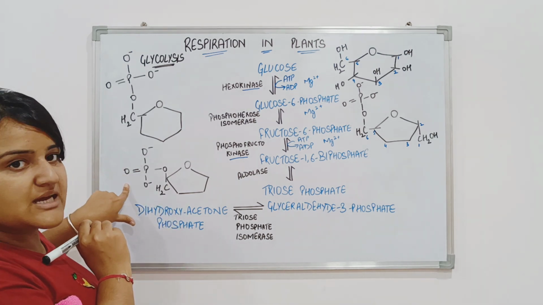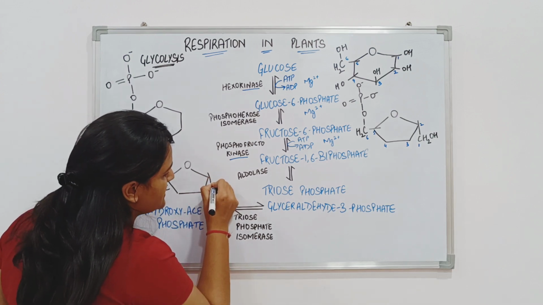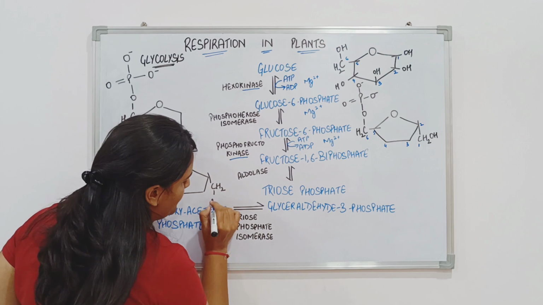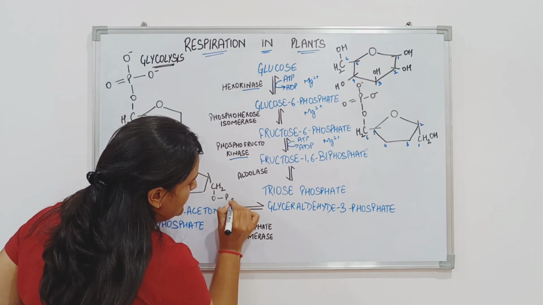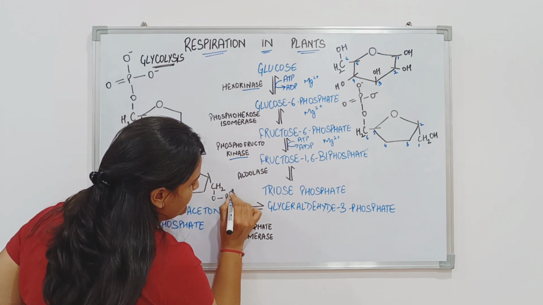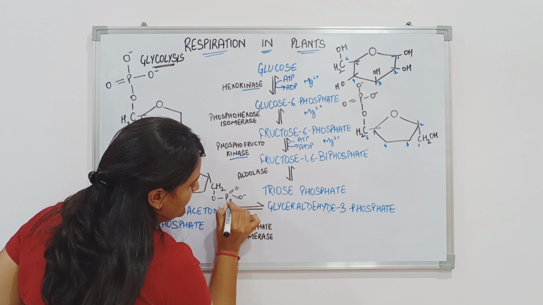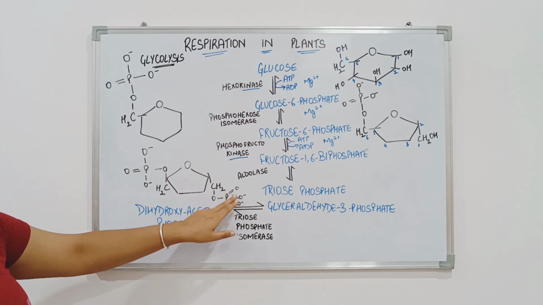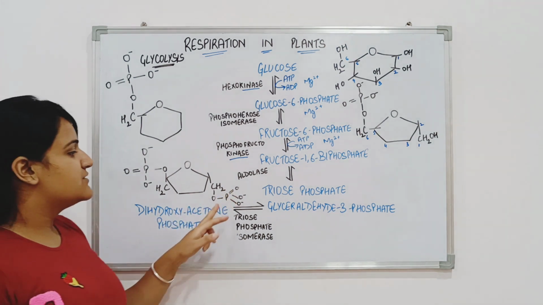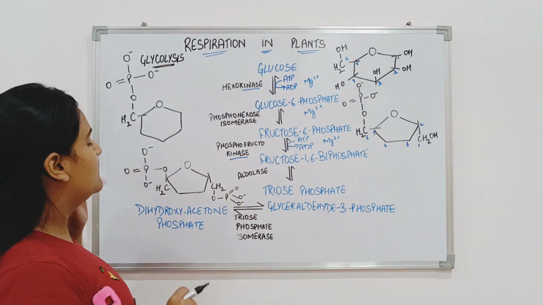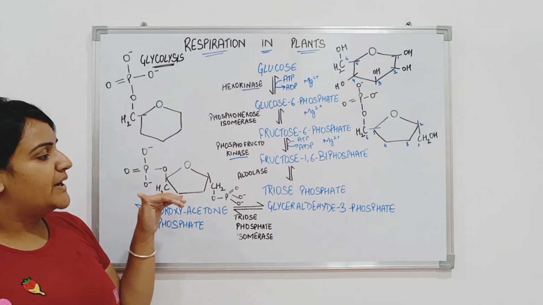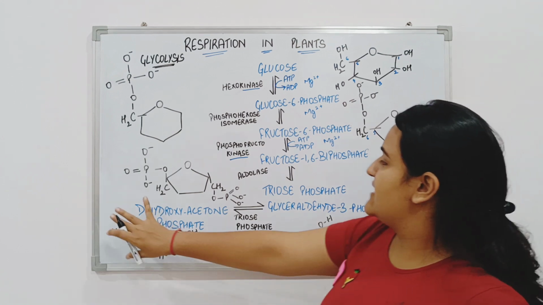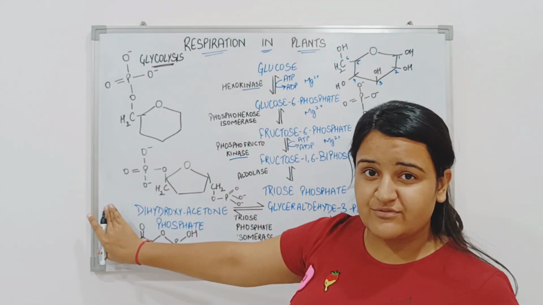This is the sixth carbon, and on the first carbon CH2, O, P, double bond, O negative, O negative. How many bonds? 1, 2, 3, 4, 5. Right? 5 bonds have been made. Now this is fructose 1,6 biphosphate. Now we have made this fructose 1,6 biphosphate.